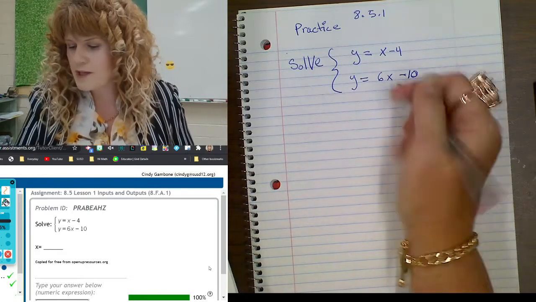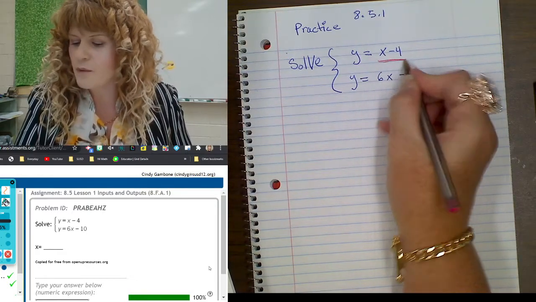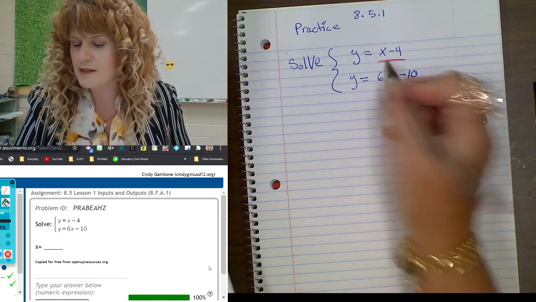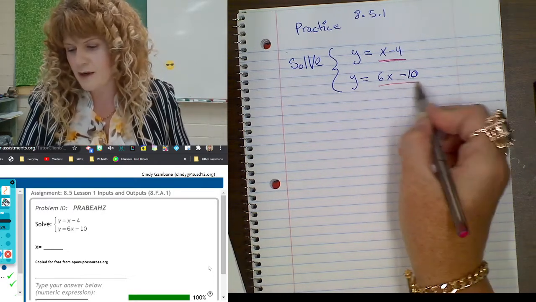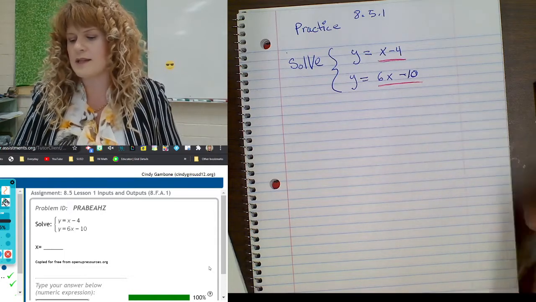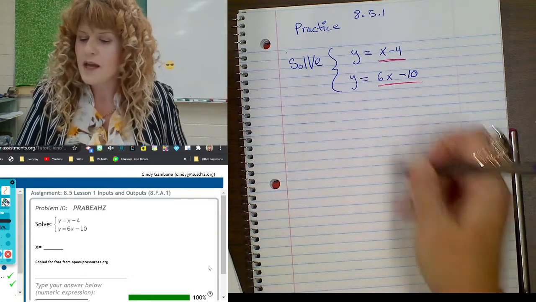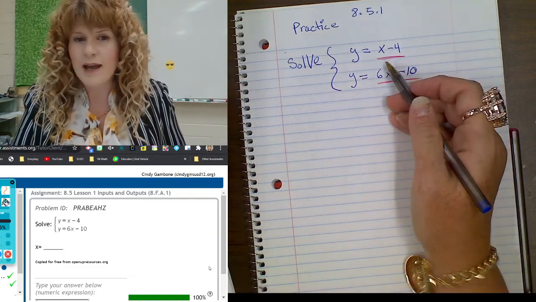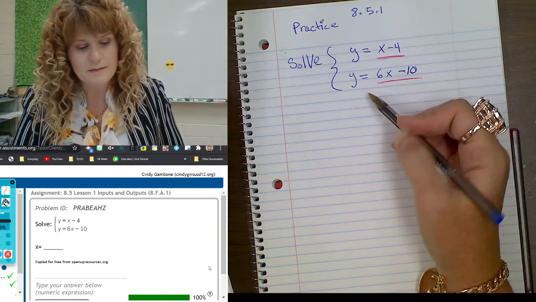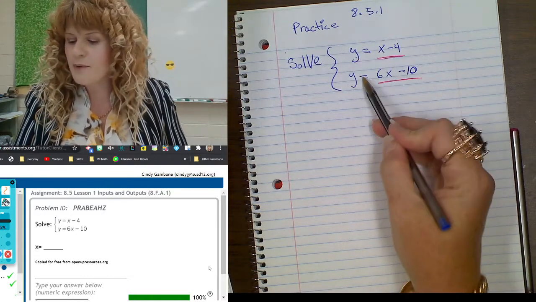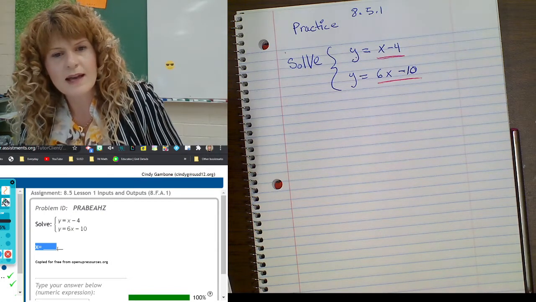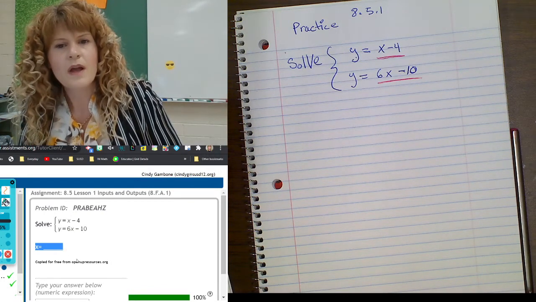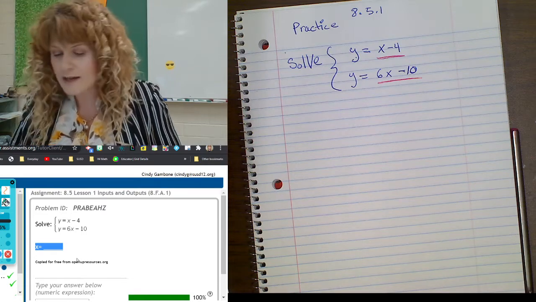Now, the first equation gives us an expression for y. y equals x minus 4. And the second equation gives us another expression for y. y equals 6x minus 10. To solve the system, we have to set both equations equal. Notice on your screen, they say x equals blank. They want you to solve for x.